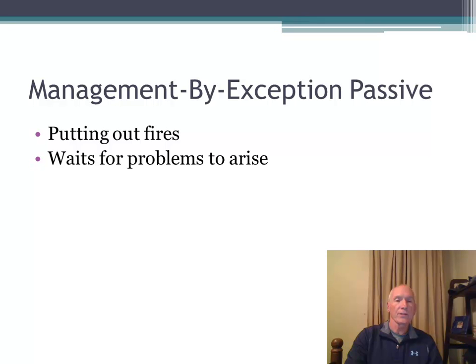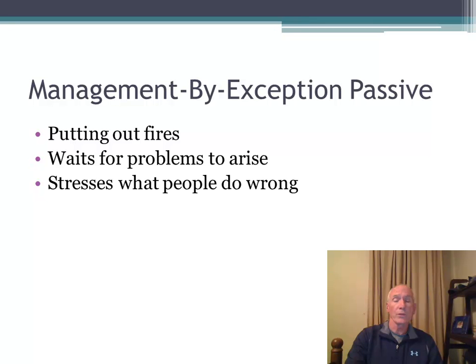But again, it's passive in that the leader waits for the problem to arise and typically only stresses what people do wrong, because the only time the leader pays attention to anything is when things go poorly. Typically, the response of the leader is just simply to enforce rules, find out who's to blame, punish them, and move on from there.